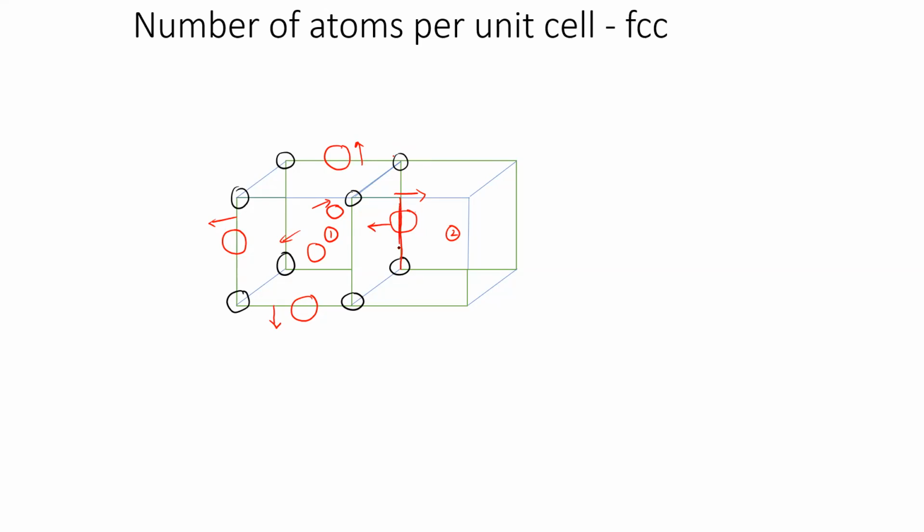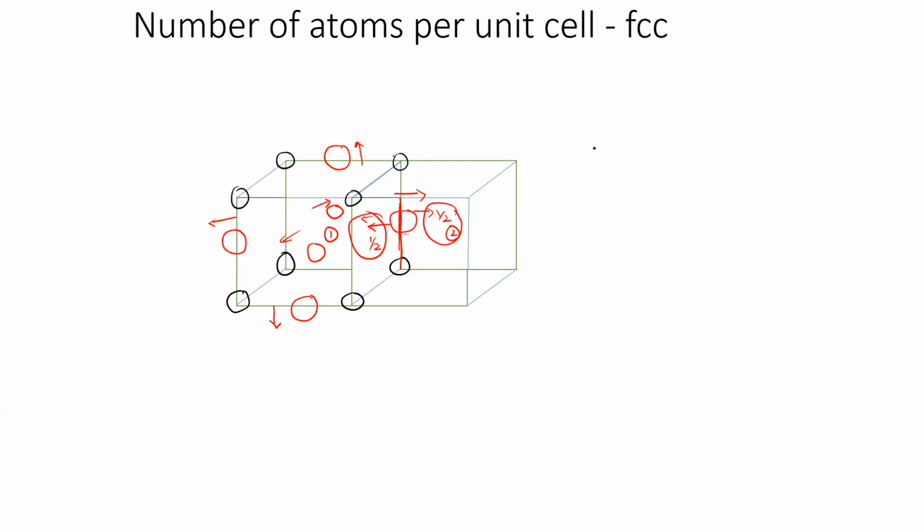The atom is a whole sphere divided into 2: 1/2 will be used for this particular unit cell and 1/2 will be for another unit cell. Is that clear? So one face-centered atom contribution is 1 by 2 for this particular unit cell.